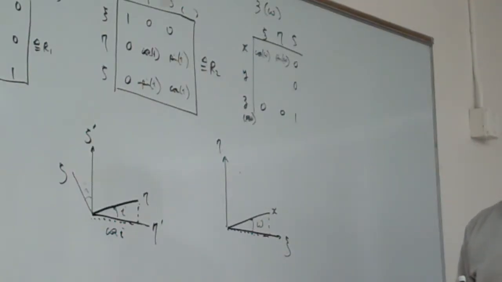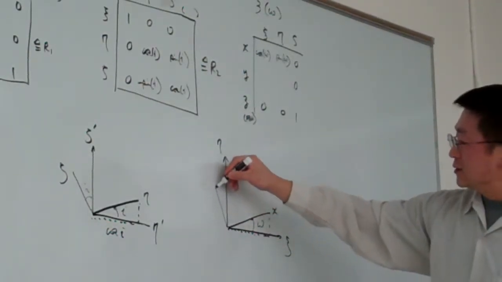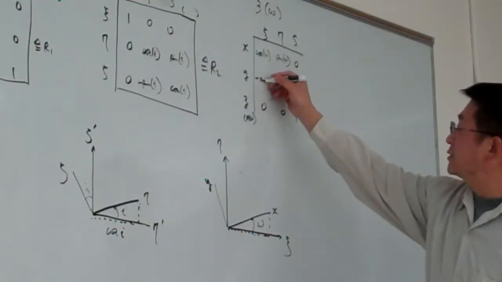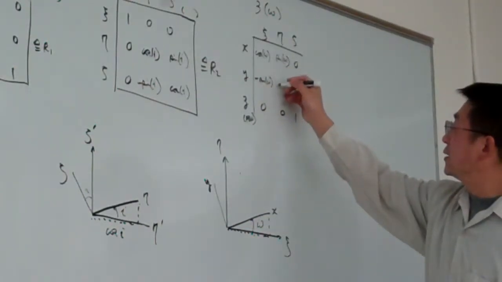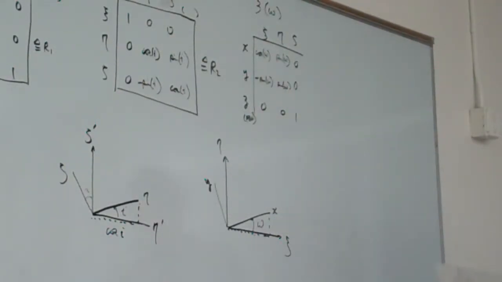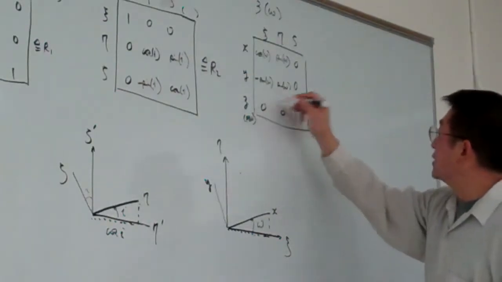And this is our y. In a similar way, that should be minus sine omega and cosine omega. This one we define as our R3.